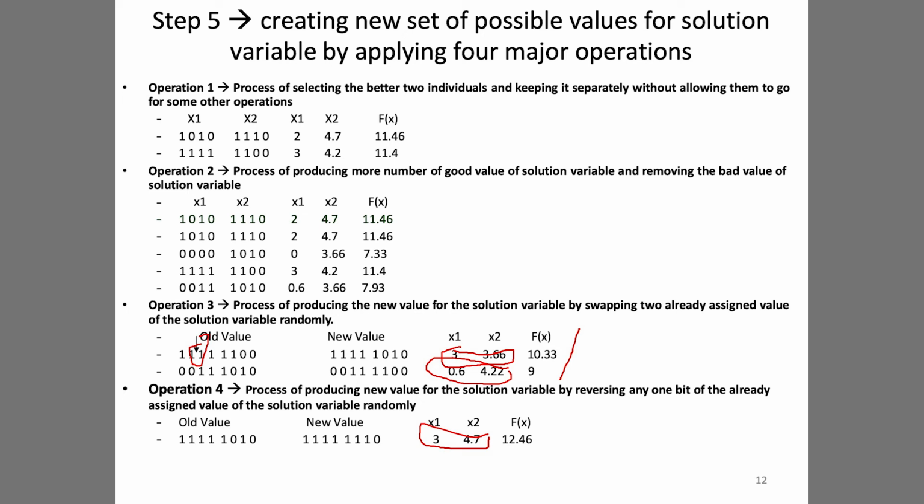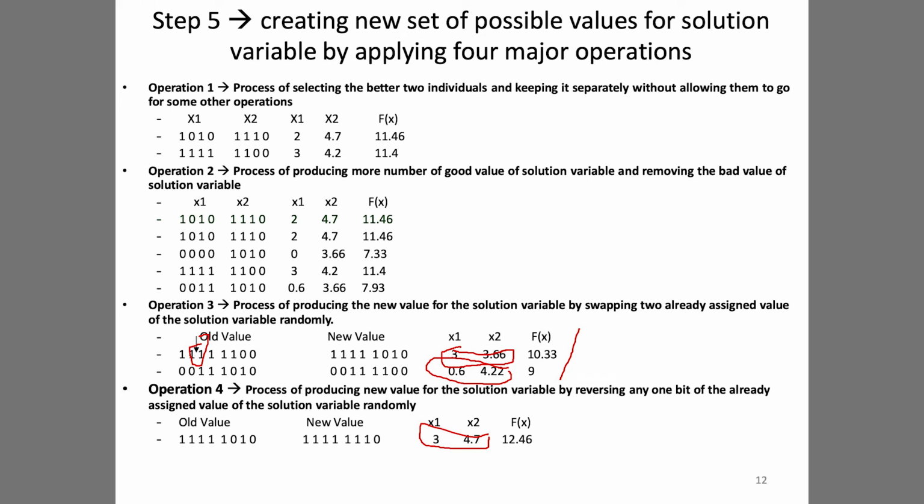So while doing this operation, step 5 second operation, the variable which gives a good value, that is 11.46, is given more opportunity than the worst value. So the best value has been selected and overwritten in the worst place, that means 5.86. This also has to be done in a random manner. So it is selecting the best possible value and putting it in place of the least possible value. That is operation 2.